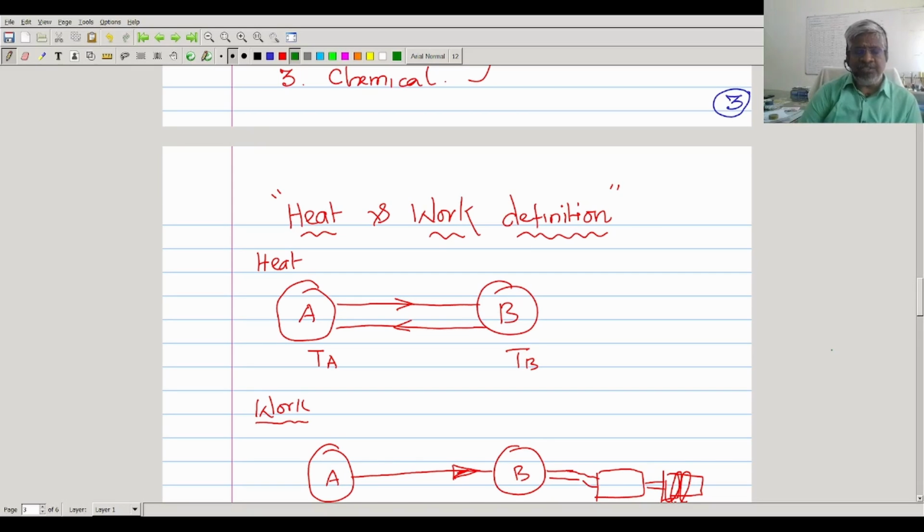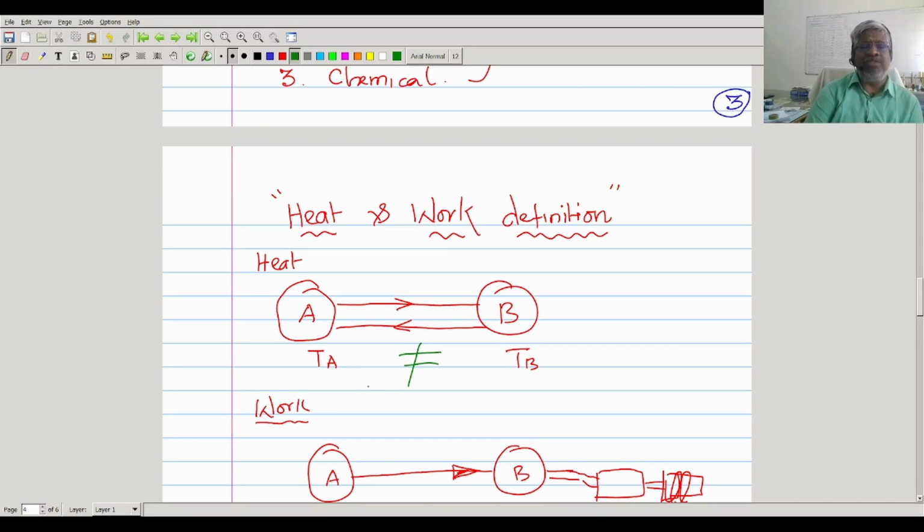It's not actually two forms of energy, it's a definition of two ways only: heat and work. Heat energy, that you know very well, is whenever energy is interacted between two systems because of a temperature difference, TA and TB not being equal. In that case, we call that form of energy heat energy.